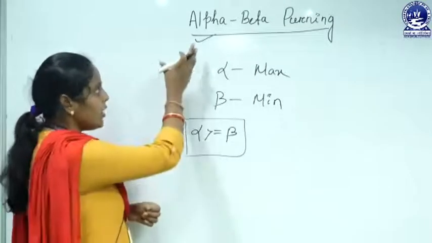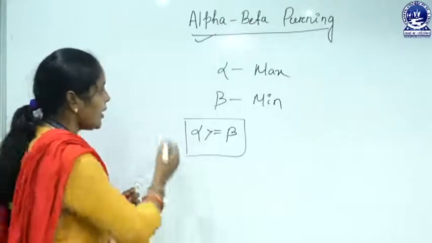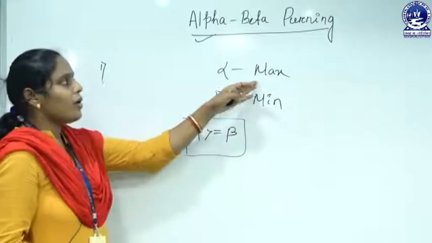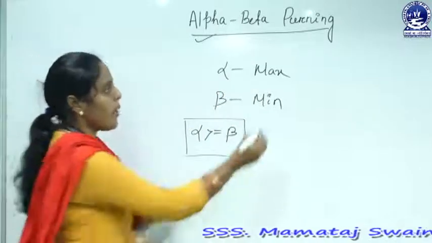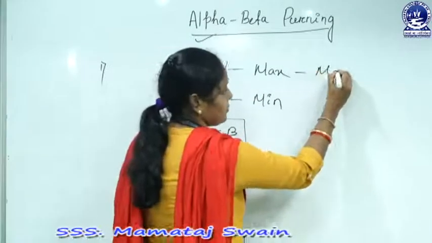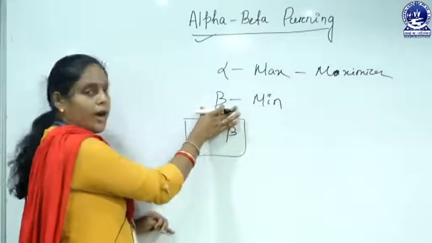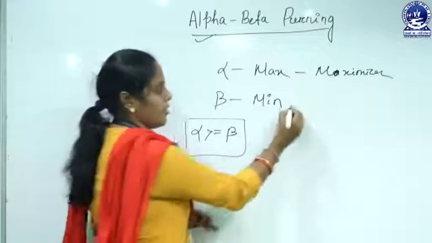Now, in this algorithm there are also some other conditions. The first one is that the max value, or the alpha value, will be updated by the maximizer only, and the beta value will be updated by the minimizer.